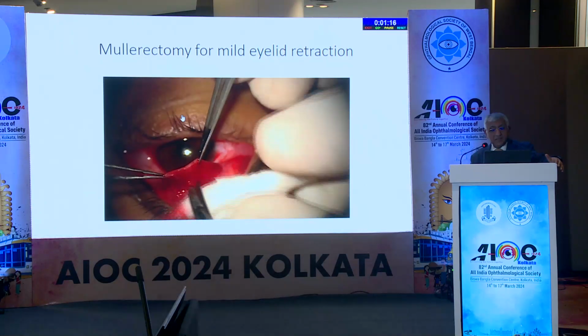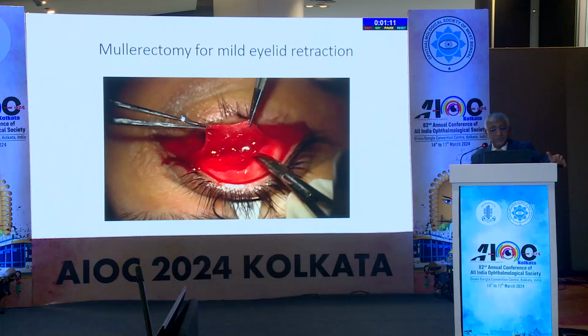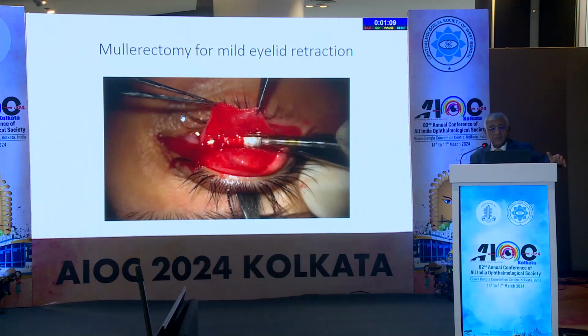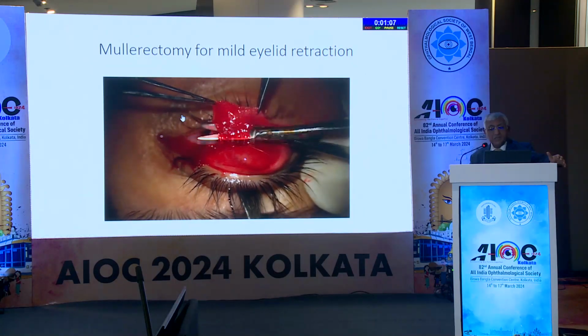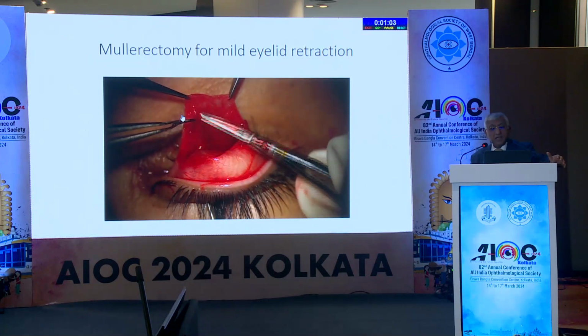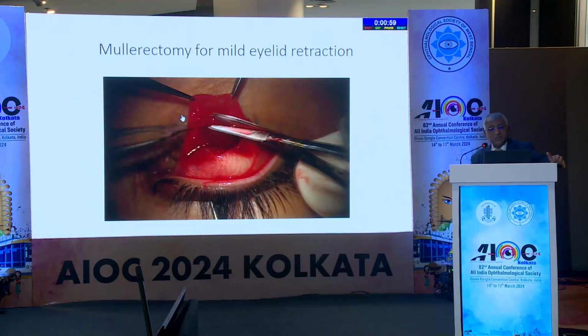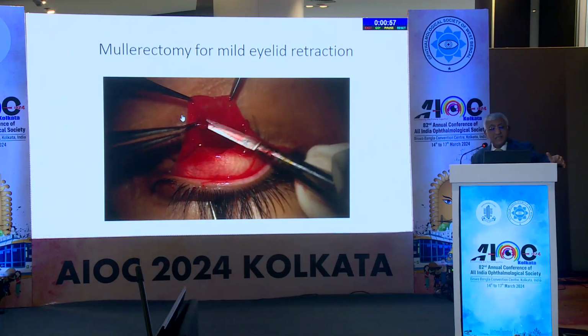and an assistant holding the edge of conjunctiva or sutures, as you will see in the next video, may be a good option, and then you create that plane between the Müller's muscle and the conjunctiva and dissect it. You can do it in one go, or you can do it in two halves, as you are seeing here.